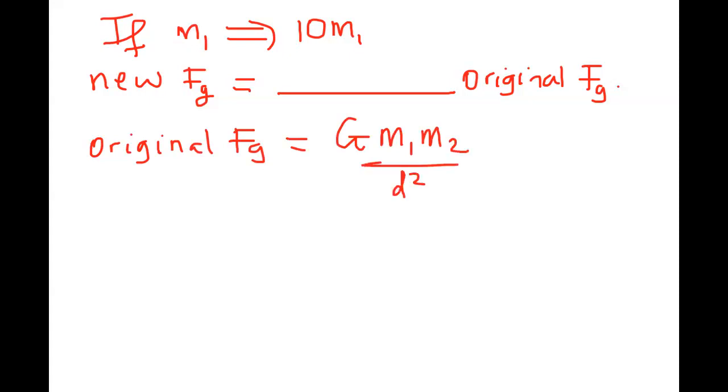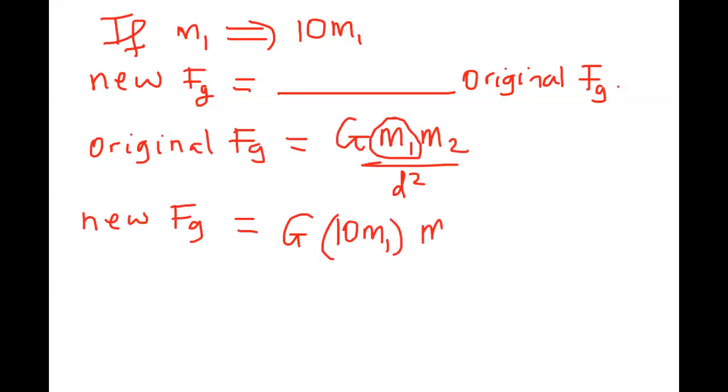Now we are taking m1 to 10 m1, so the new gravitational force will be G, where there is m1, I'm going to put 10 m1, times m2, divided by d squared.